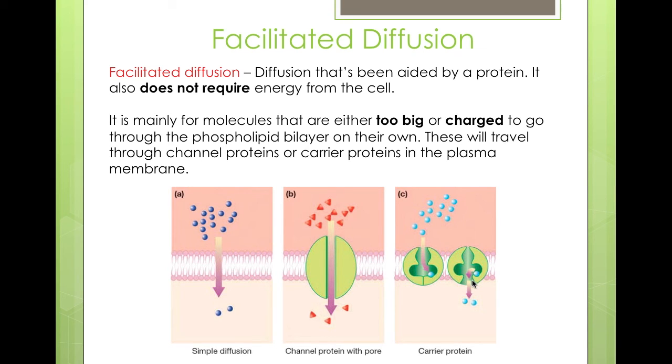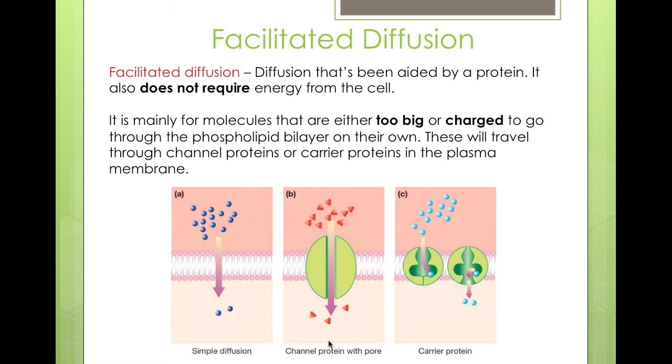Okay. This little pore here is filled with water. If molecules are charged or too big, even though the phospholipid bilayer is uncharged in the middle, this water space here and this water space here is charged. So it allows things like sugar to dissolve within this pore and move through the cell naturally.